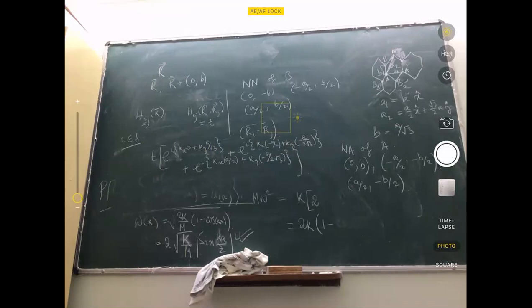Is it clear now? Yeah, this part was clear. Which part is not clear yet? I mean, the expression for t, the exact integral expression in terms of potential. No. All you have to write there is that it's the matrix element of the full Hamiltonian between the p orbitals on two neighboring atoms.